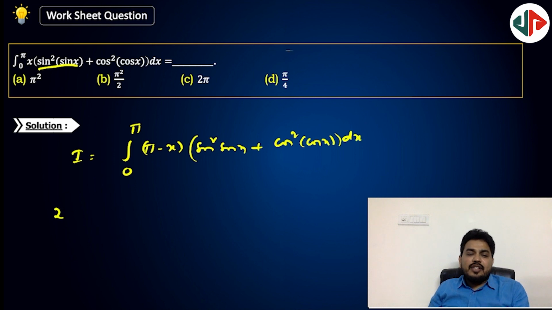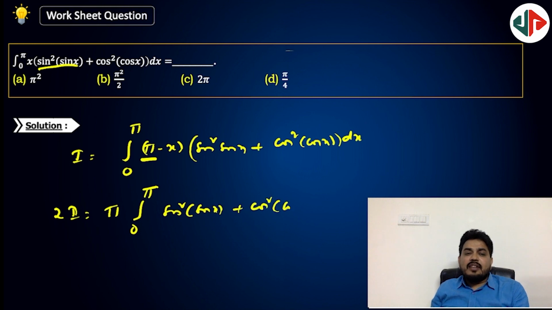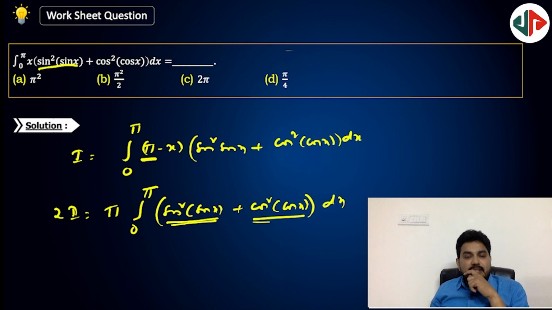So when I write 2I, this pi remaining portion, x cancels, pi integral 0 to pi, you can write it as sine square sine x plus cos square cos x dx. Okay, so you need to find out sine square sine x and cos square cos x. Is there any method to solve this question?